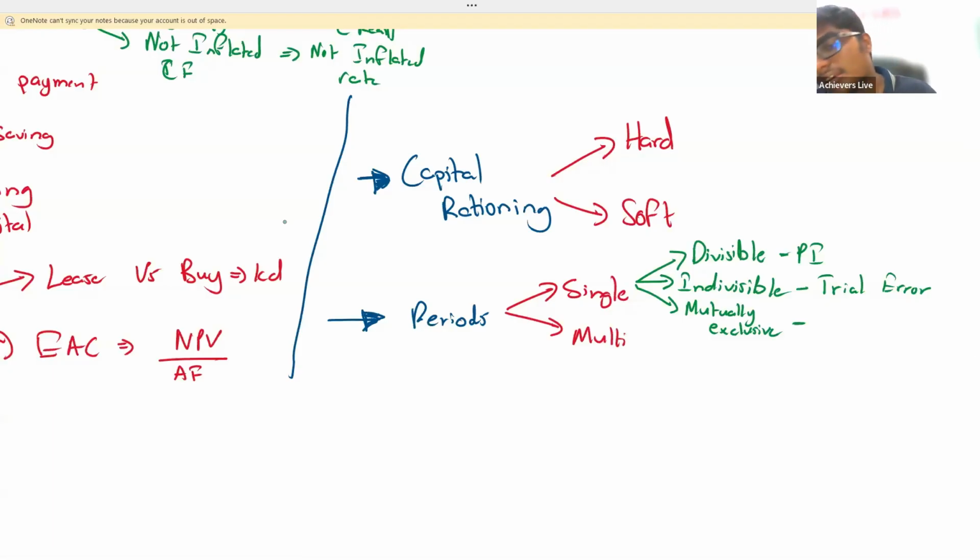Depending if it's divisible or indivisible, generally it will be indivisible project. So you will go for trial and error. If it's mutually exclusive, divisible, profitability index. If it's mutually exclusive, indivisible, trial and error. But generally, mutually exclusive, they will give indivisible. Therefore, we will use the trial and error method.